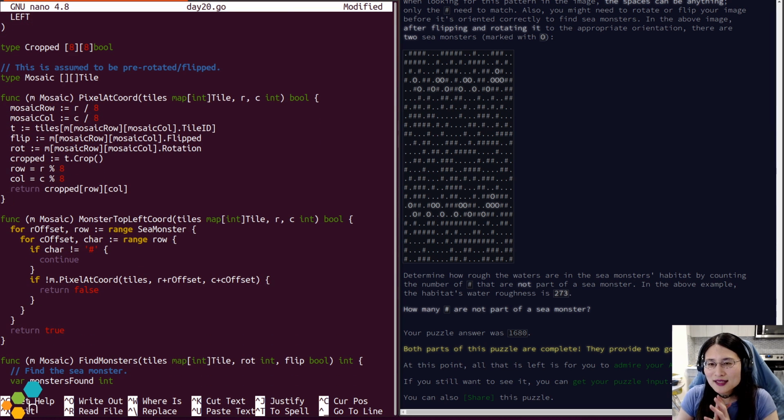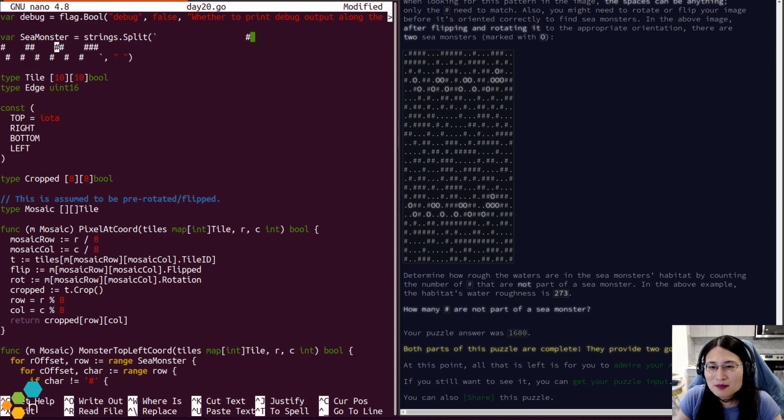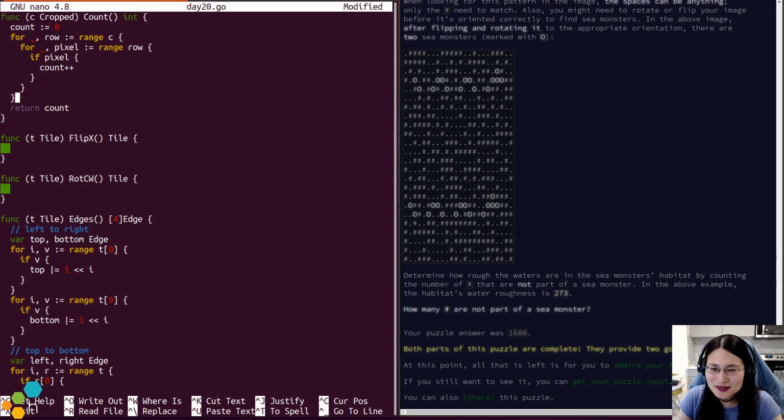Oh, the reason that I do that, I think, is because if you append to a nil array, yeah, I don't have to worry about that, because when you define this, because it's not a slice, it's a fixed width array, it's automatically 0 initialized. That is really, really convenient. Okay, great.